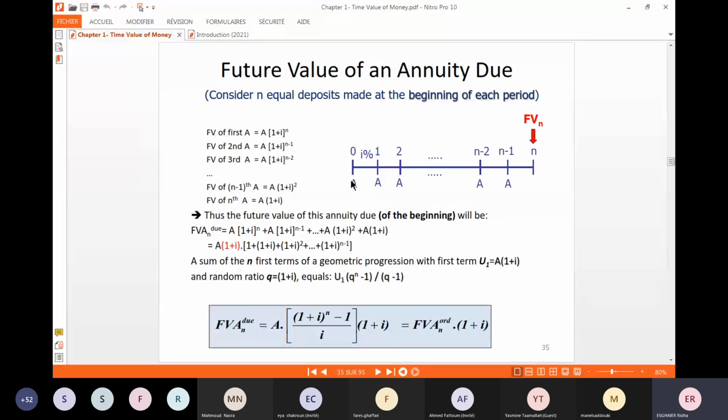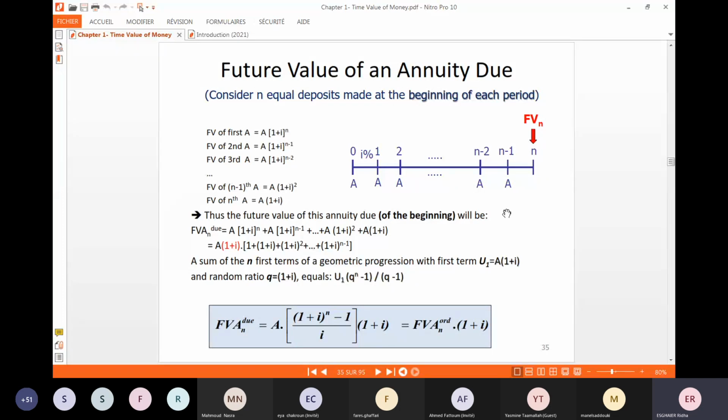If we still have N deposits, starting from 0, the last one will be deposited at the date N-1. The future value date is still the date N. In the case of the annuity due, the future value date is 1 period after the date of the last deposit.